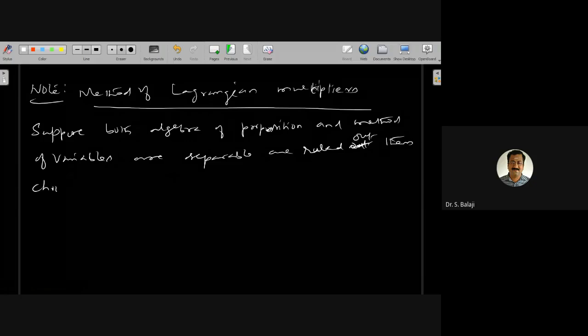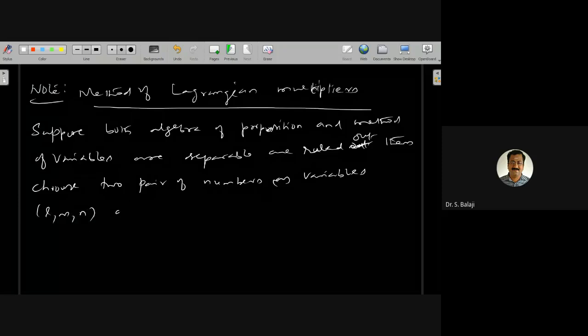Then choose two sets of numbers or variables, L, M, N and L dash, M dash, N dash.